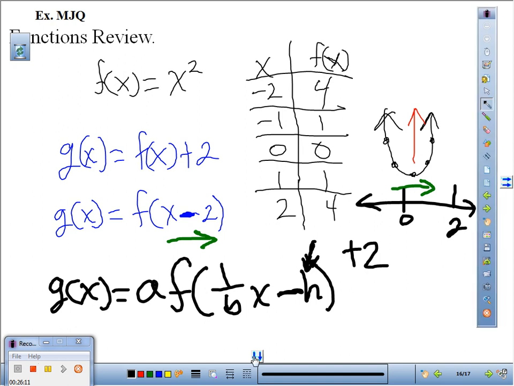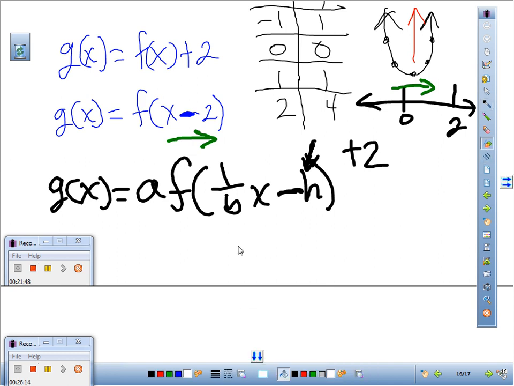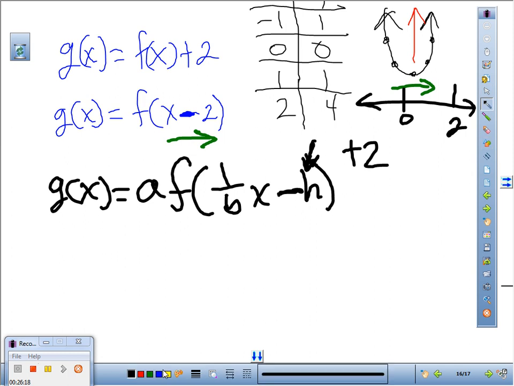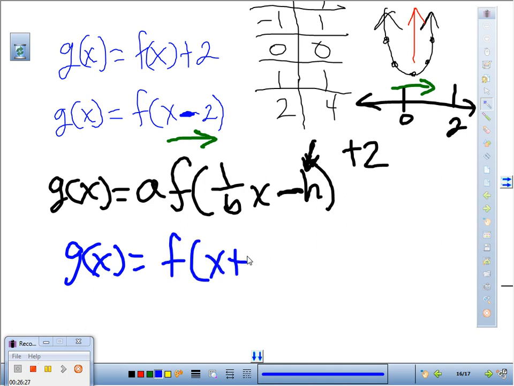All right. However, what if I gave you this rule? g of x equals f of x plus 3. Think about it. Look at the rule and tell your neighbor what number did we substitute in here to get positive 3.